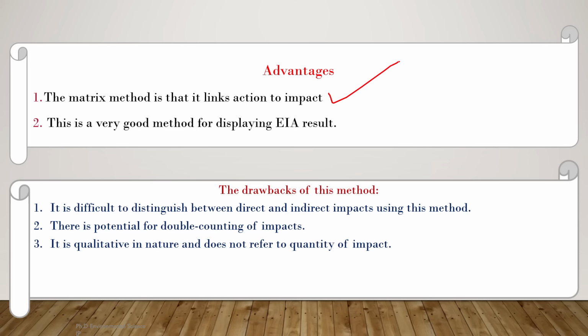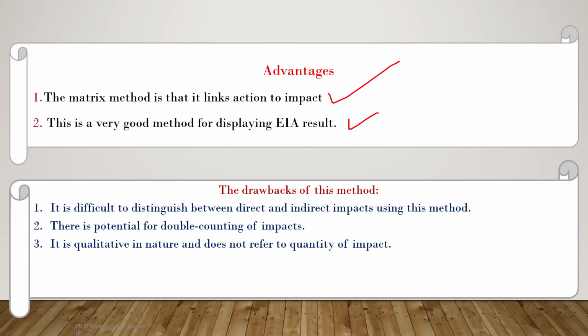By displaying actions and impacts in a grid format, the matrix provides a clear and straightforward visual representation, which makes it easy to see which activities affect which environmental components and to what extent. The matrix allows for a comprehensive overview of all the potential impacts, ensuring that no significant interaction is overlooked. It systematically considers each project action against various environmental parameters.